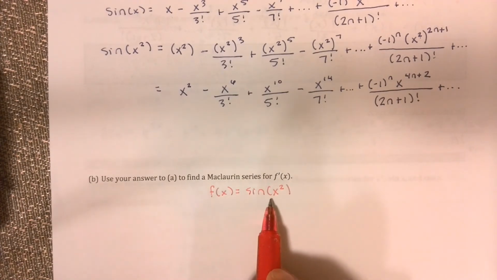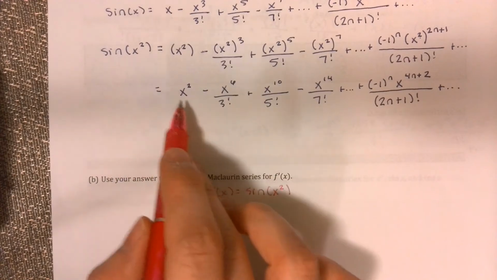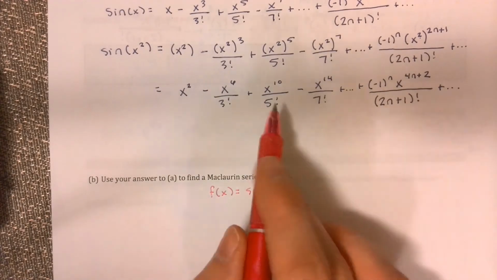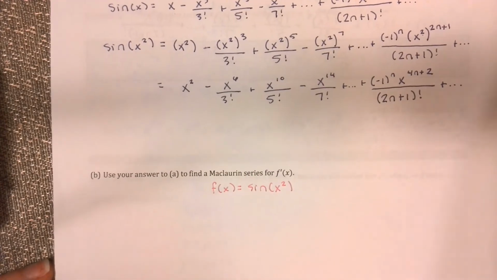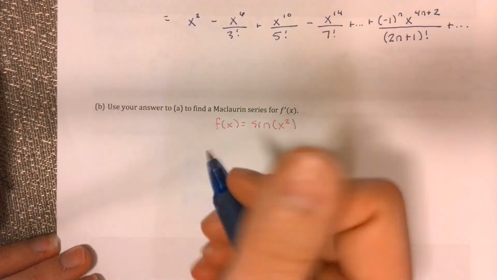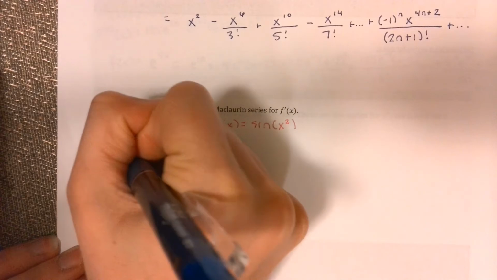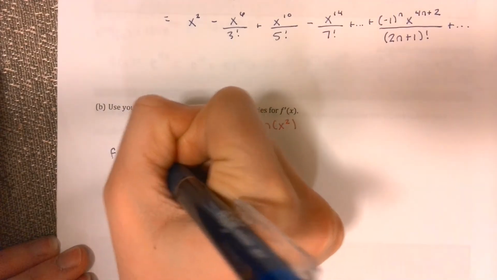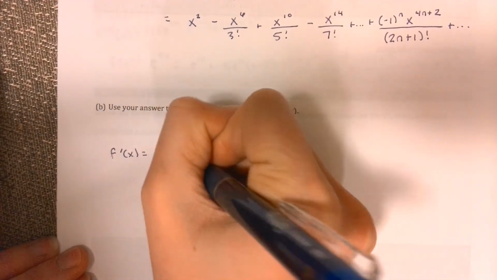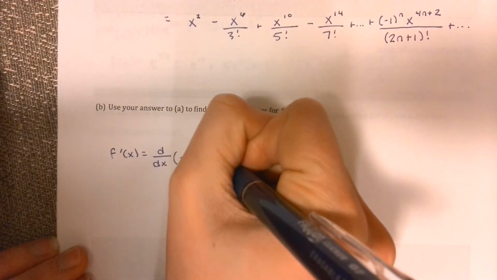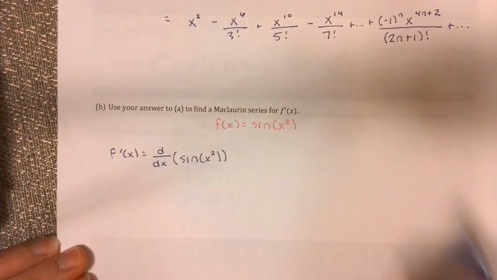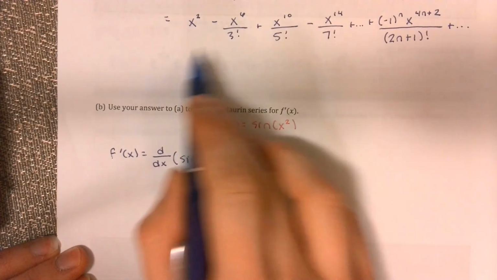But if this is equal to this, I can just take the derivative of this. Okay, so the derivative is equal to the derivative of sine of x squared. Okay, and I'm just going to do the power rule with this, what I just wrote right here.